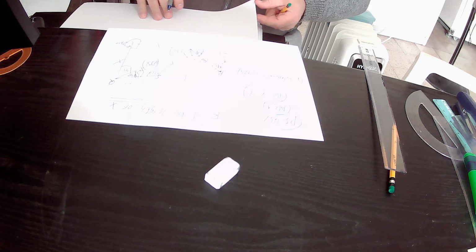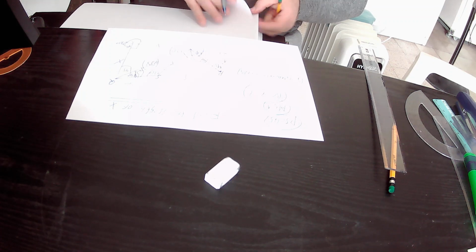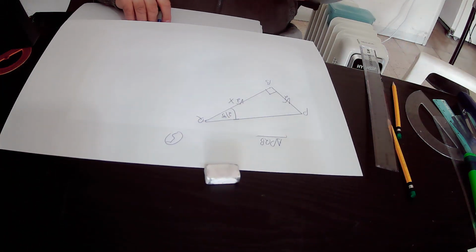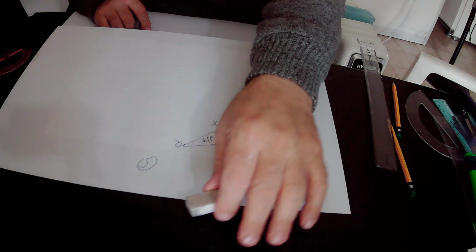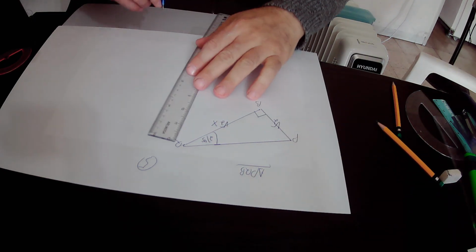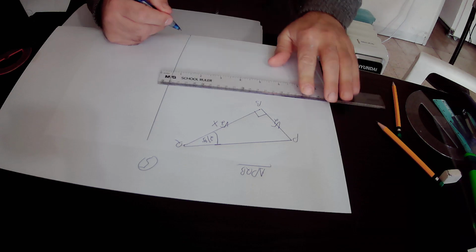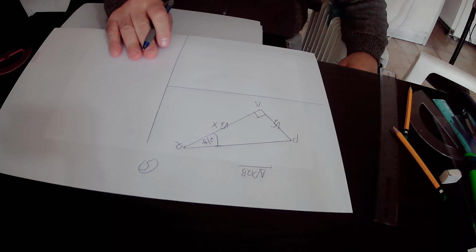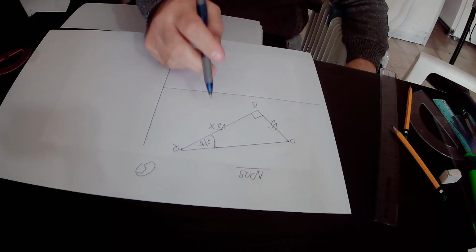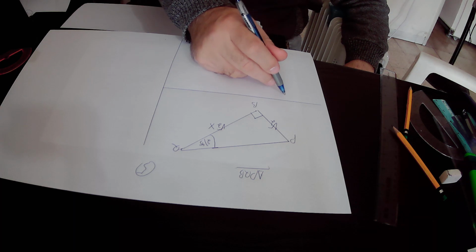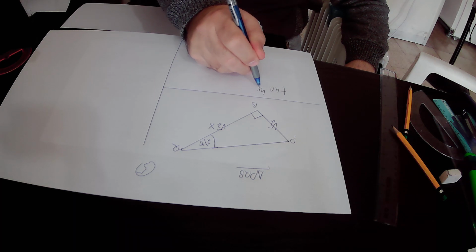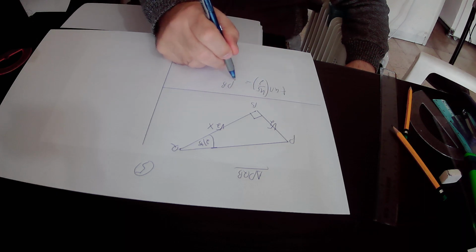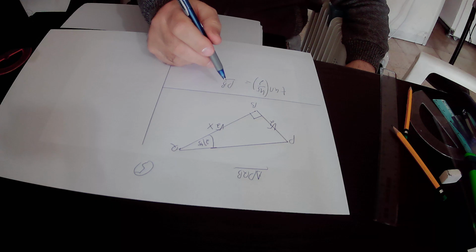So actually, this is the right triangle PQB that I copied from the original drawing. The right triangle PQB. Tangent 45 degrees over 2 will be equal to PB over QB.